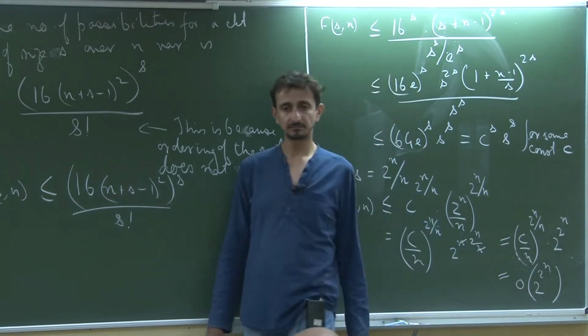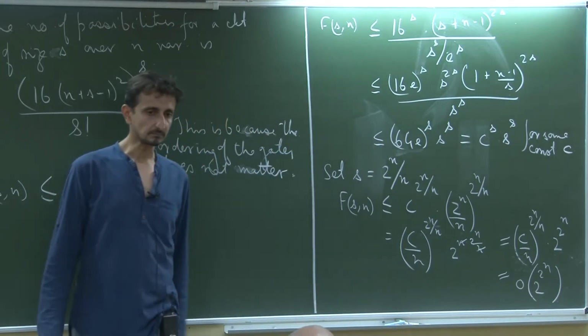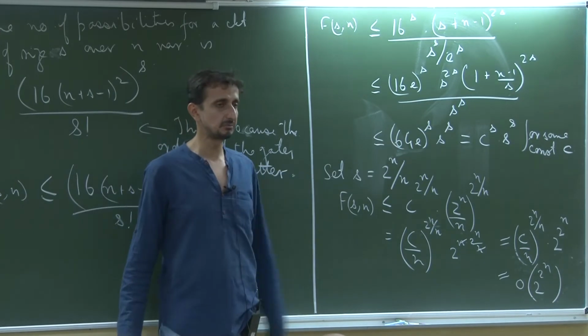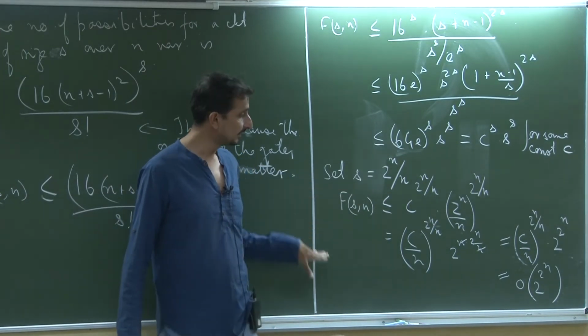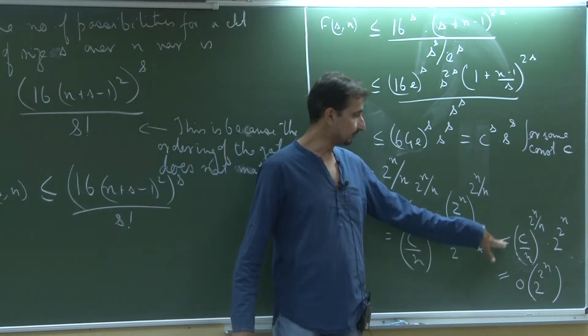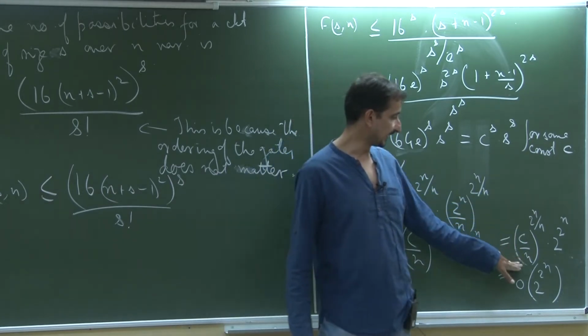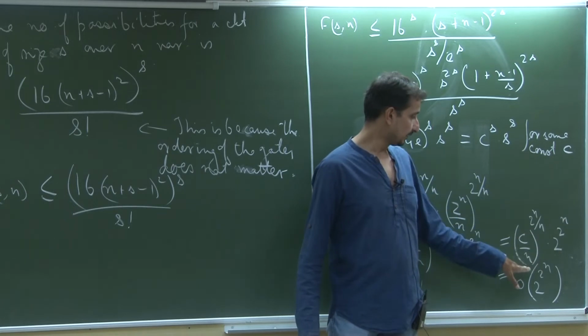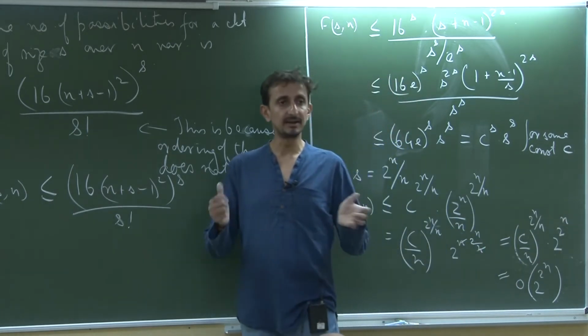You can put anything for S, nobody cares, but I want to put something which would simplify and give me a quantity like this, where it is 2 to the power 2 to the power n multiplied with some quantity that tends to 0.